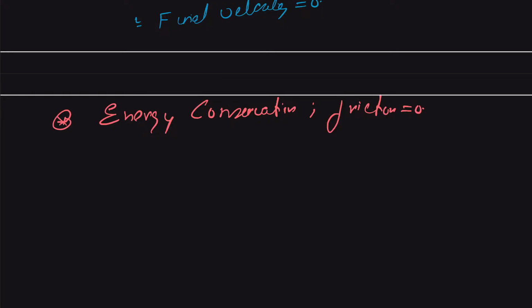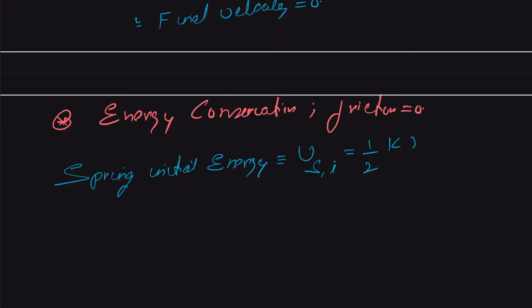Let's find the initial energy, or the spring's initial potential energy, USI, which will be equal to half k x squared, where x is the maximum position.